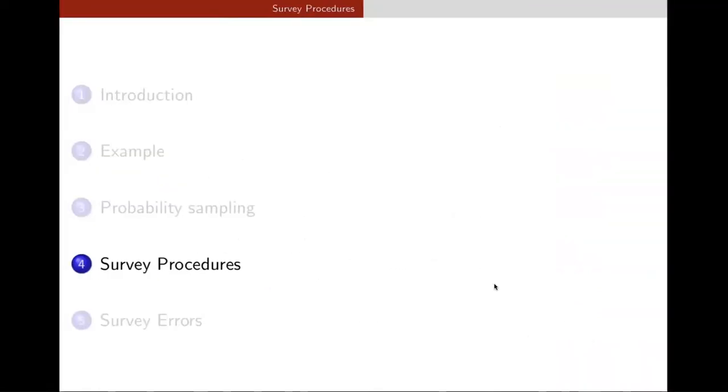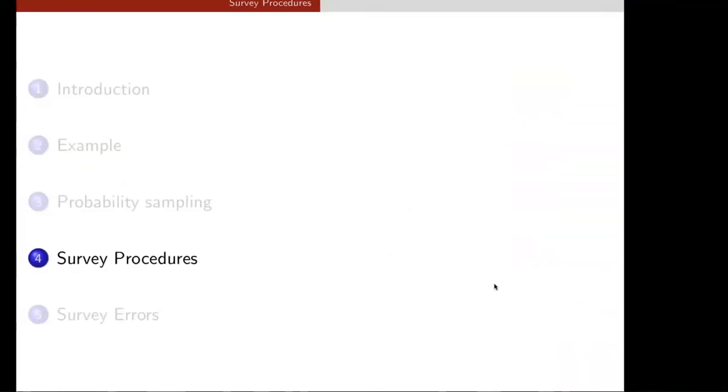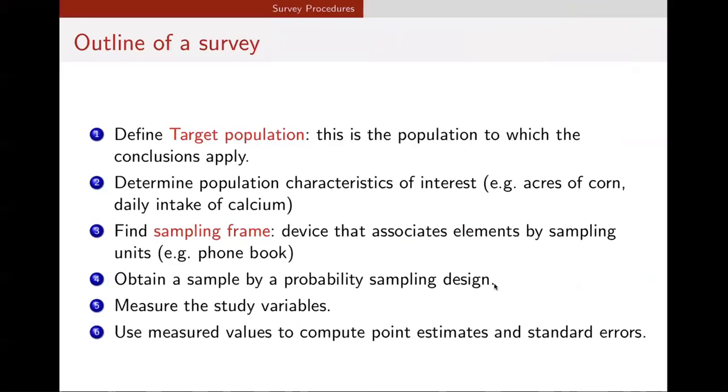So, the survey procedure. This is an outline of a survey. We need to define the target population. We want to generalize from the sample.